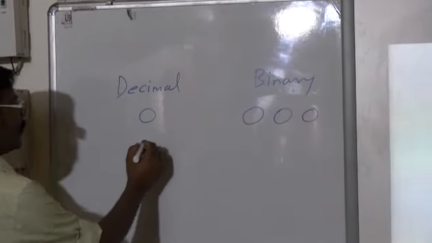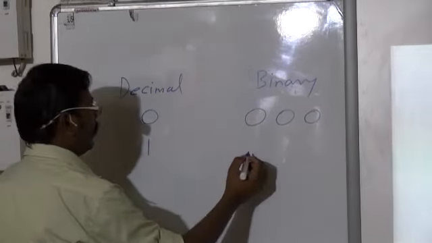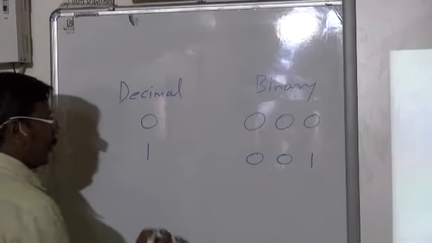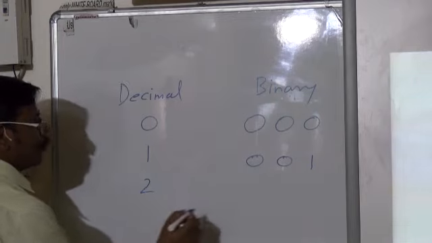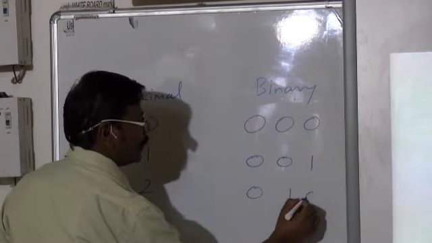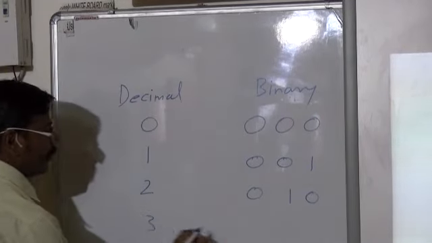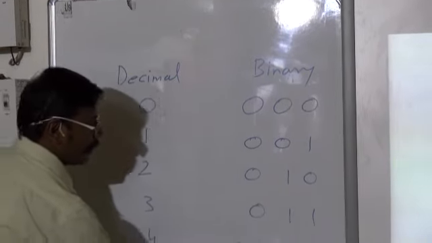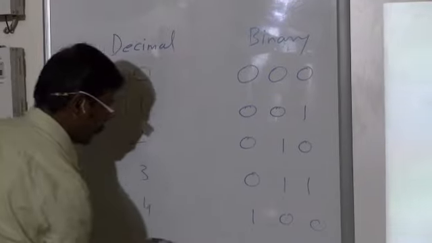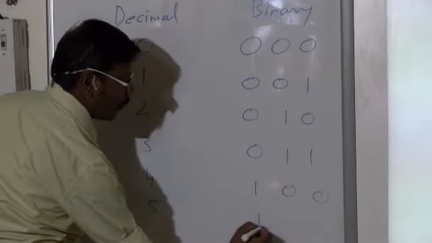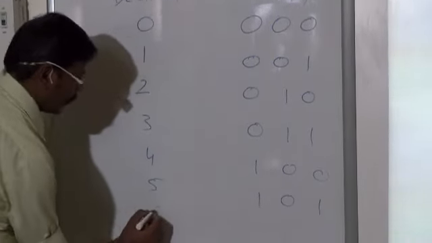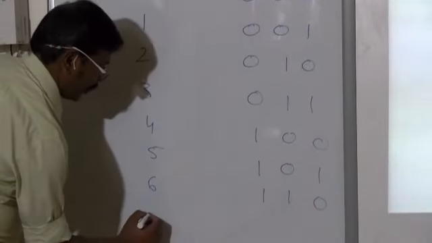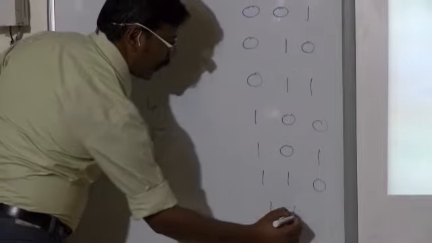Binary of decimal 1 is 0 0 1. Binary of 2 is 0 1 0. Binary of 3 is 0 1 1. Binary of 4 is 1 0 0. Binary of 5 is 1 0 1. 6 is 1 1 0. And 7 is 1 1 1.